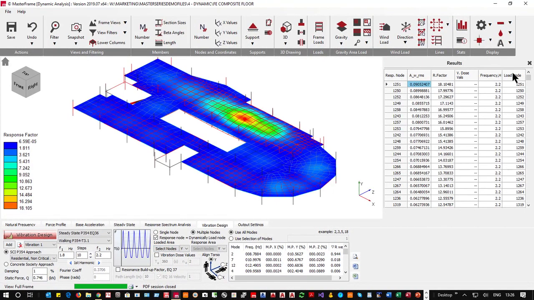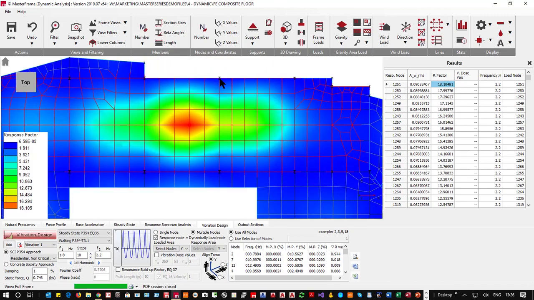This is telling me that my response factor is coming up with values, and if you put this in plan, it can be quite hard sometimes to see when it's quite critical over here at 18. Now your response factor is set according to table 5.6 of the SCI guide, and again it can be quite vague.